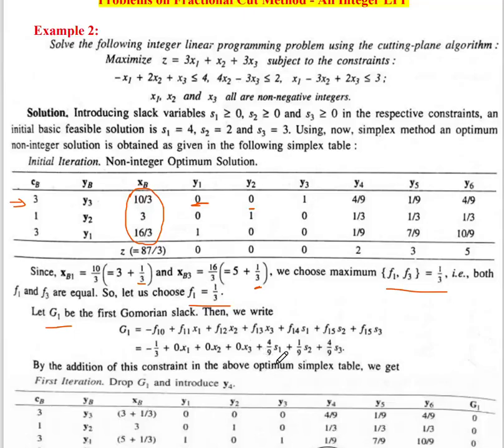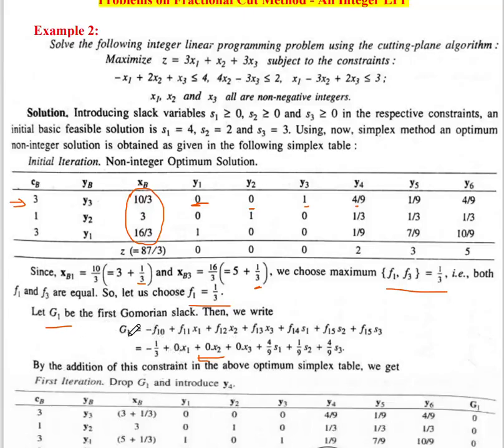F12, the fractional part of this term, is 0. F13, the fractional part of this, is 0. F14, the fractional part of this, is 4 by 9. Then the fractional part of this is 1 by 9, and this is 4 by 9. In this way we can construct the Gomorian slack variable. If you transfer these terms to the left hand side, the right hand side will remain, that is minus 1 by 3.